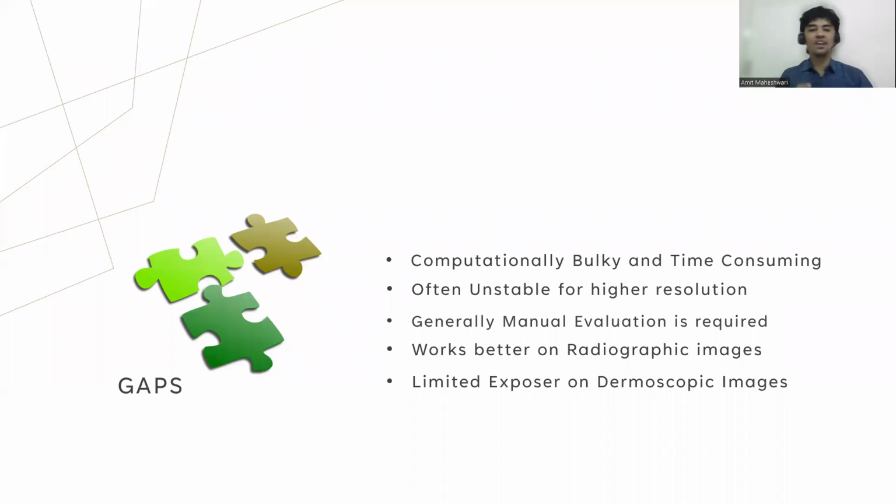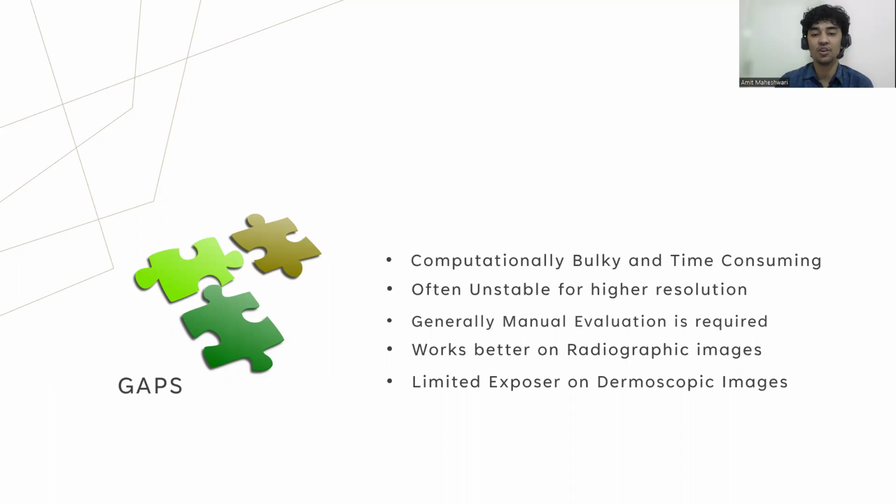Okay, so the gap, which we already discussed, is that GANs are computationally bulky, and the more complex the network is in nature, the more the time consumption for training goes up, right?